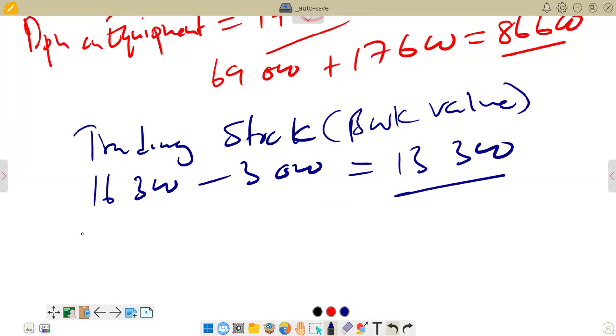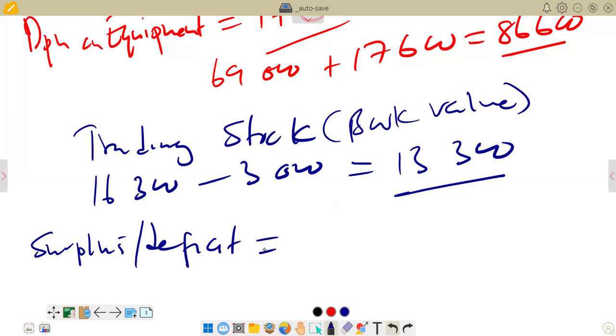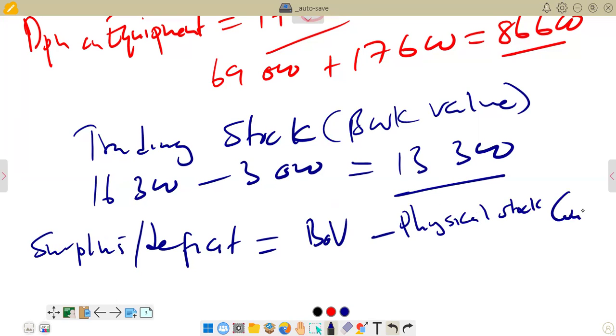So to get a surplus or a deficit on trading stock, we are going to say the book value minus the physical stock count value. The book value minus the physical stock count.